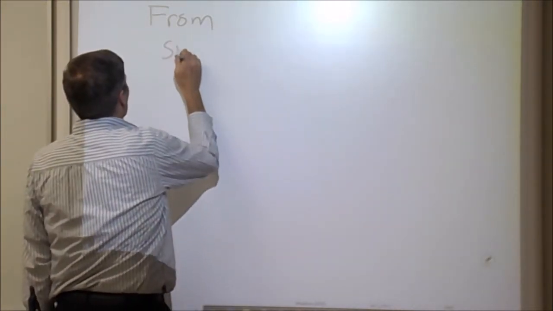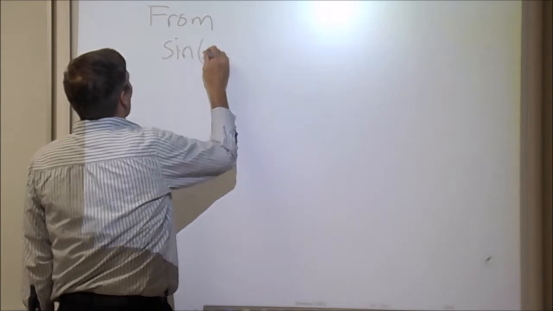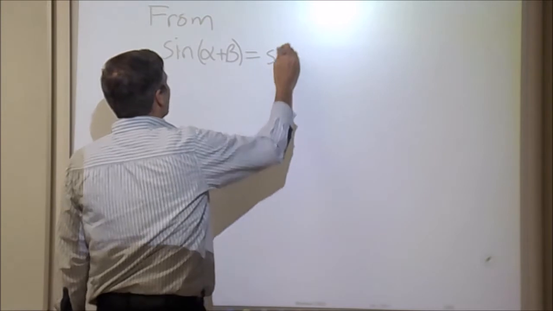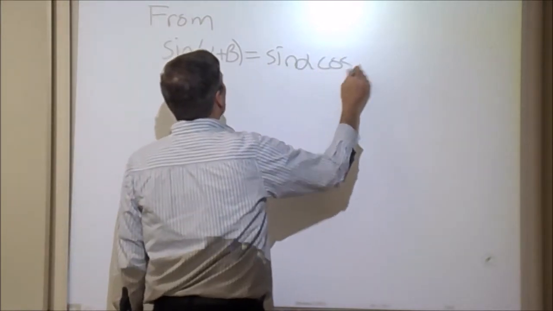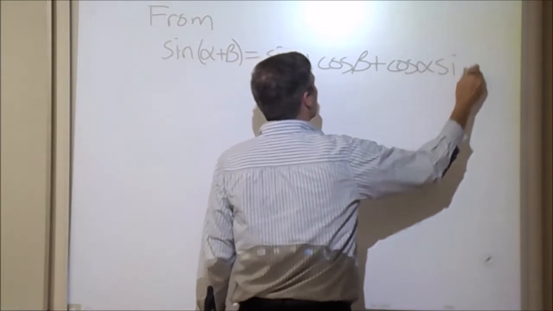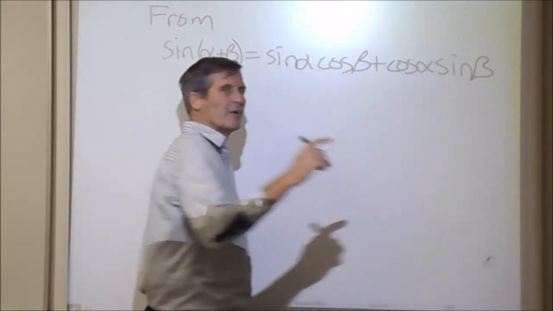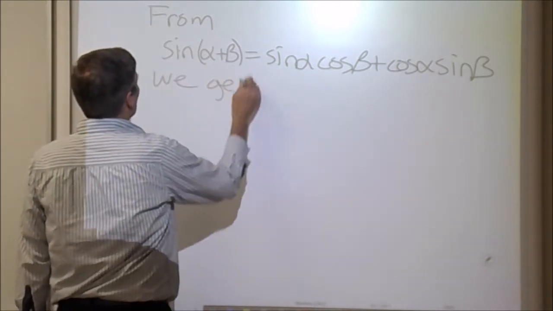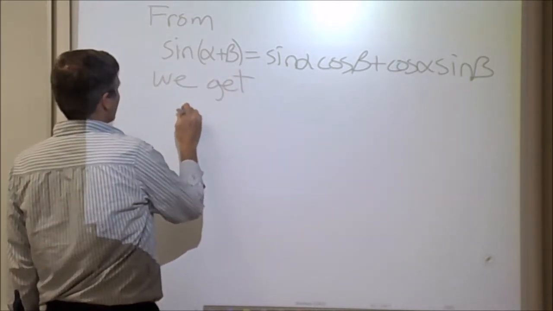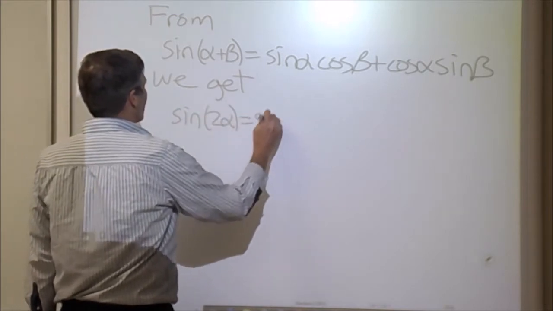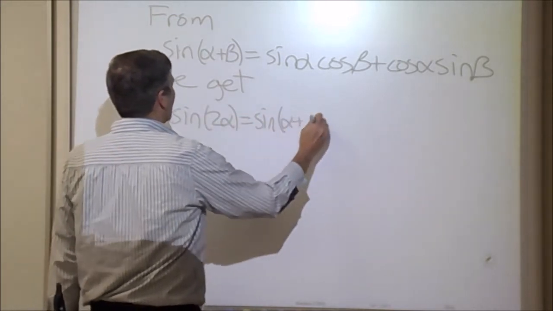Remember that the sine of alpha plus beta is sine cosine plus cosine sine. Right? What happens if we put beta equals alpha? Sine of 2 alpha is sine of alpha plus alpha.